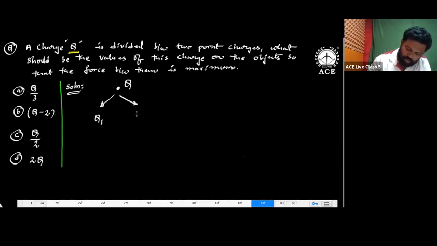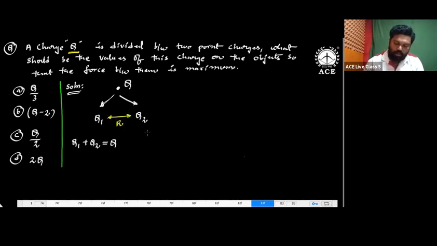Let us say here it is q1, q2, where q1 plus q2 is equal to q, and the distance between these two is, let us say, r. What is the question here? What should be the values of charge on these objects so that the force between them is maximum? So you need to distribute the charge on them so that the force between them must be maximum.